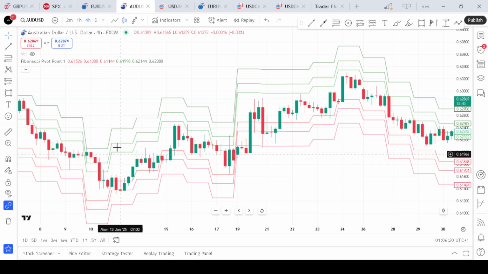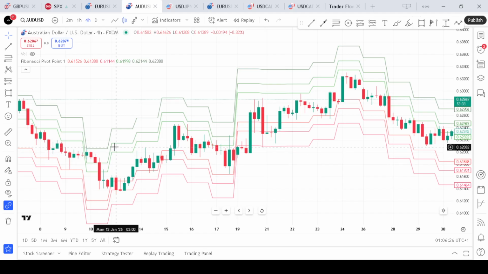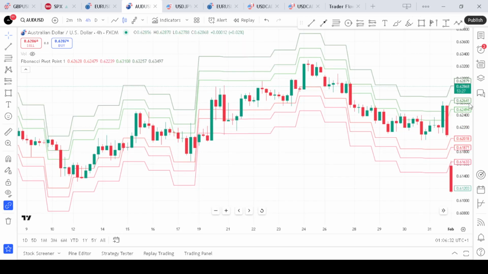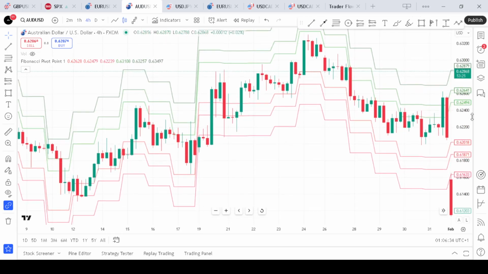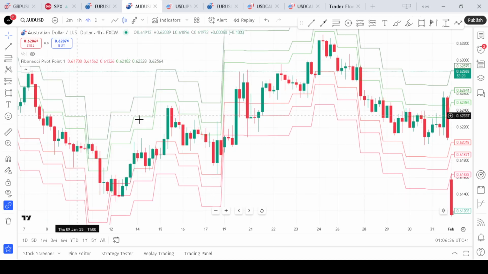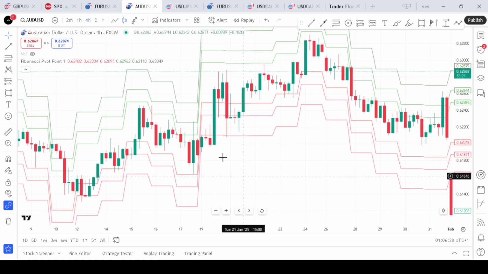You can use the 4-hour or daily time frame for a more suitable and reliable signal, as this time frame tends to filter out market noise and provide a clearer market structure. So we are using the 4-hour time frame to get a better understanding of this indicator.